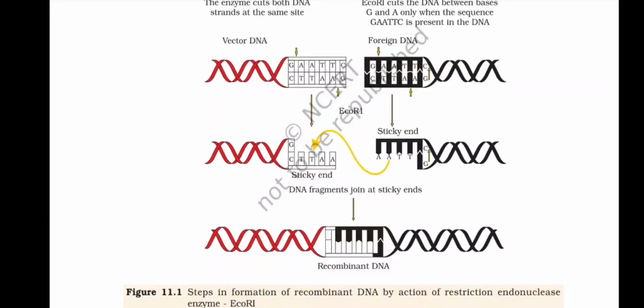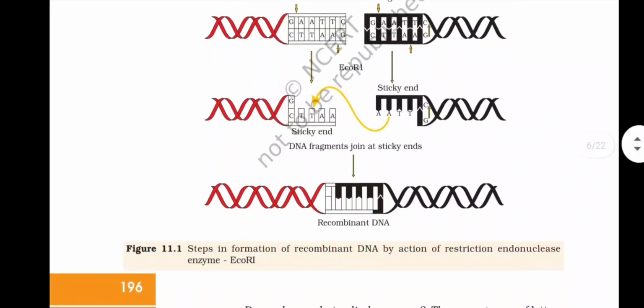A sticky end is basically that particular end which is going to get joined. The sticky end of the host DNA and the sticky end of the foreign DNA are connected. Both sticky ends are connected and joined. DNA fragments join at the sticky end. That's what I've been telling you about.